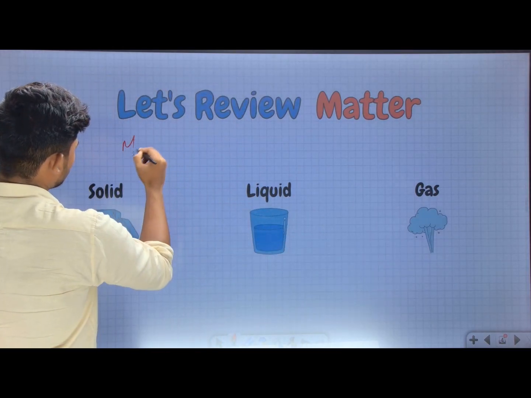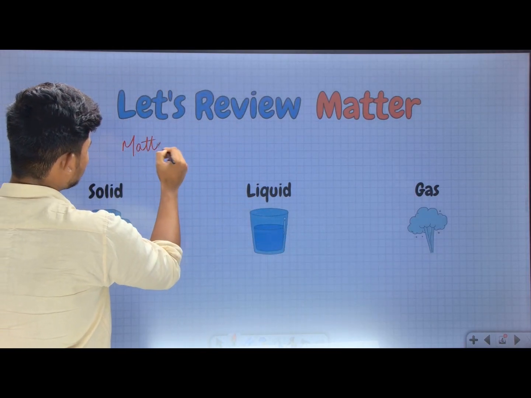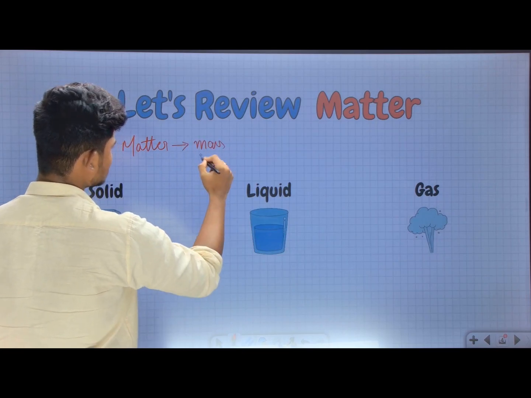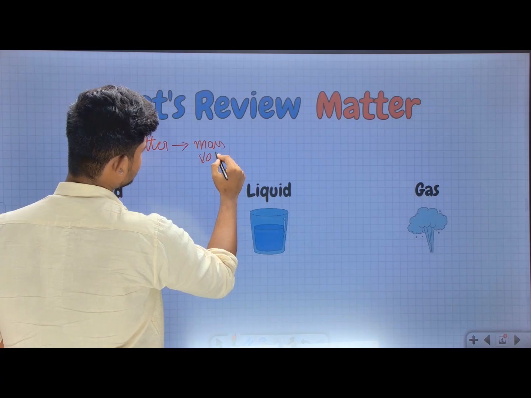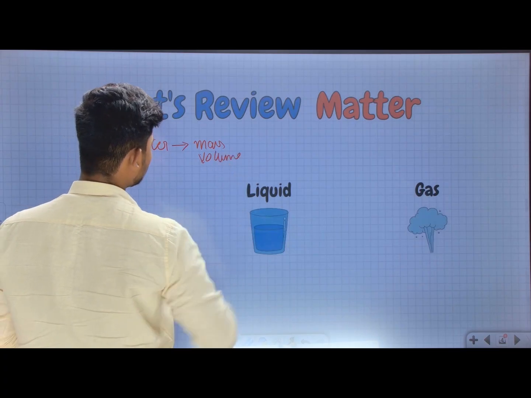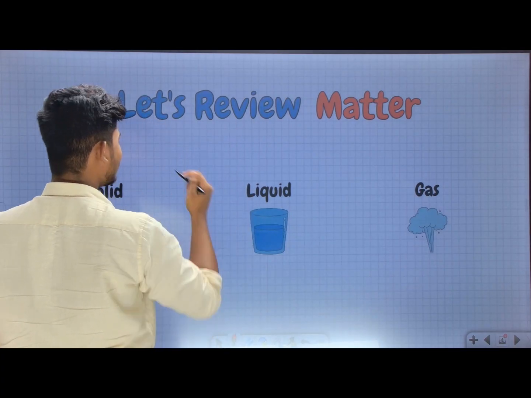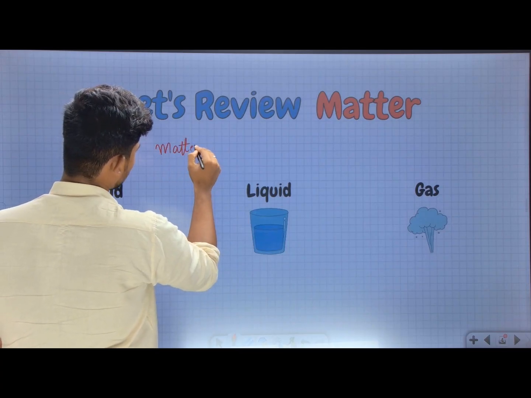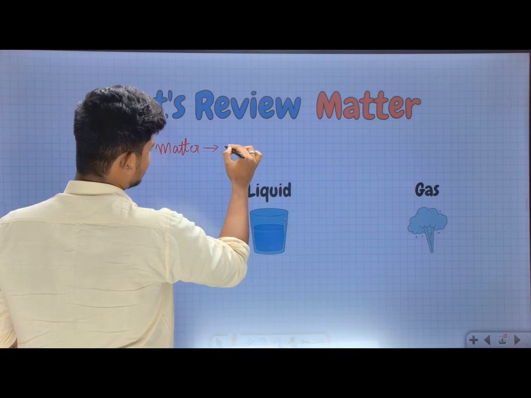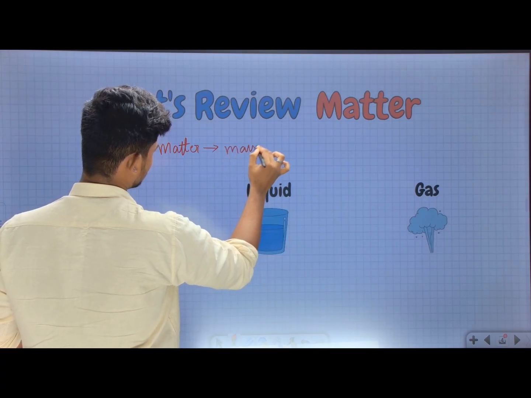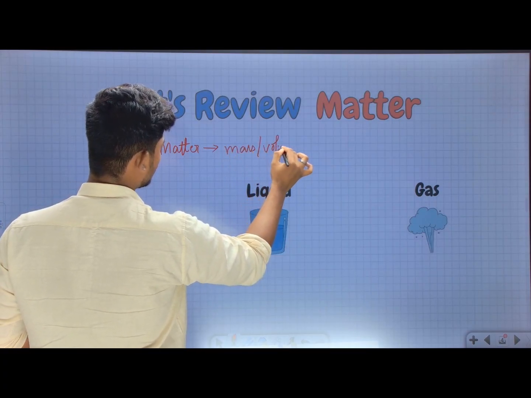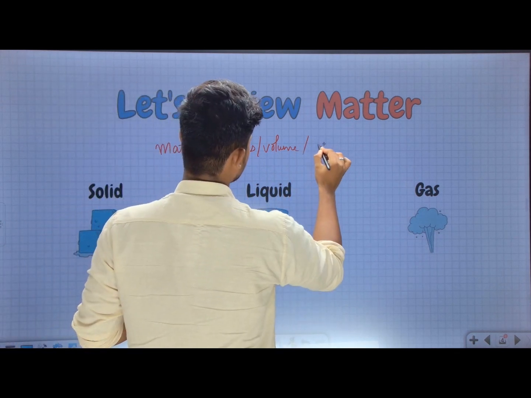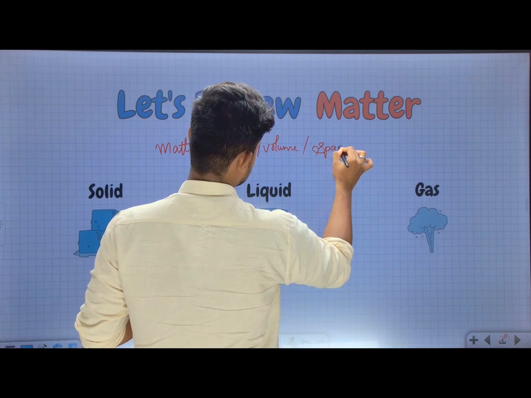We know that matter is anything that fulfills criteria of mass, volume, and apart from mass and volume, it shall fulfill the criteria of occupying space. So matter is something that has mass, it shall occupy volume, and more importantly, it shall occupy space.